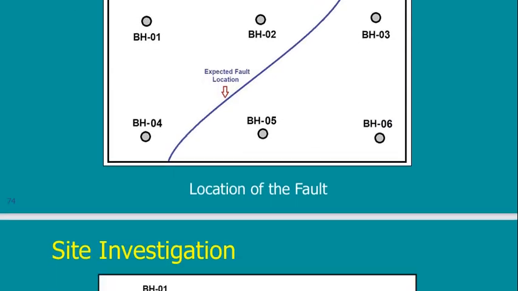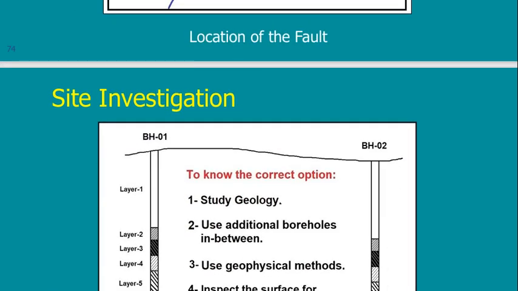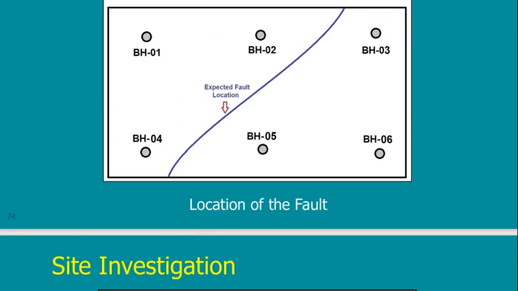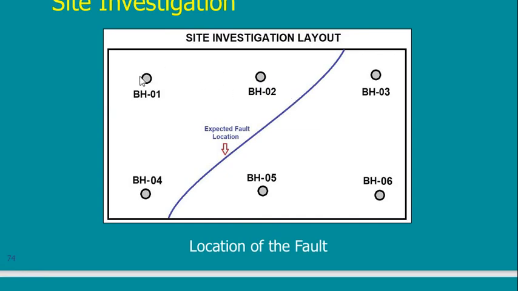So we can look at this, or just imagine that you take borehole 2 and borehole 3. You will find that the items found in borehole 2 are the same as those found in borehole 3, but at borehole 3 they are found a little bit below the level at borehole 2.